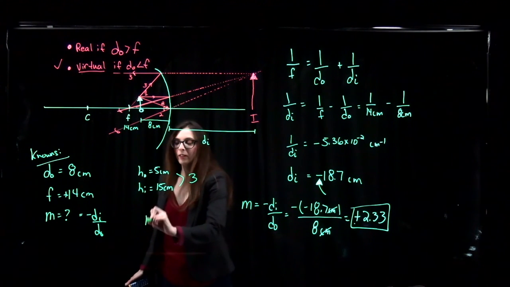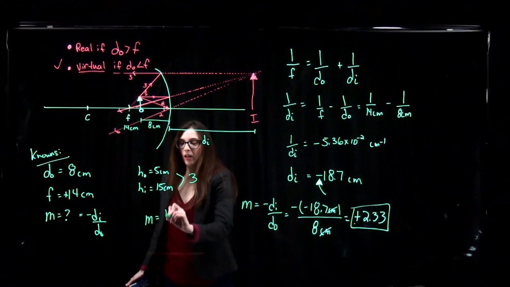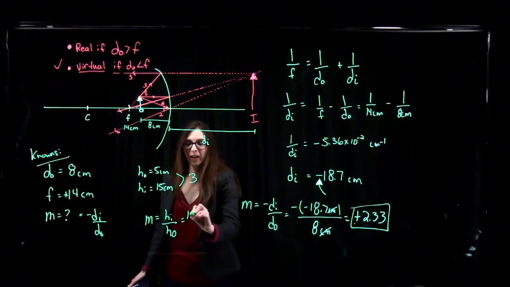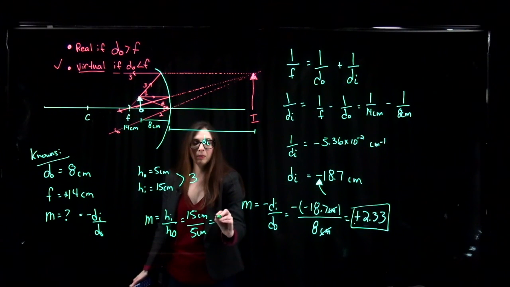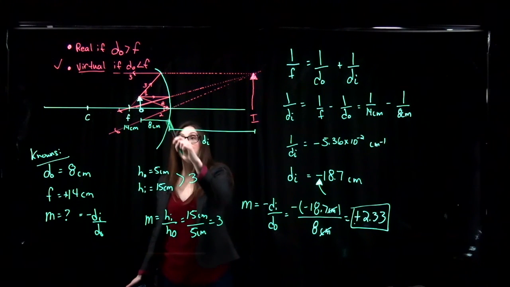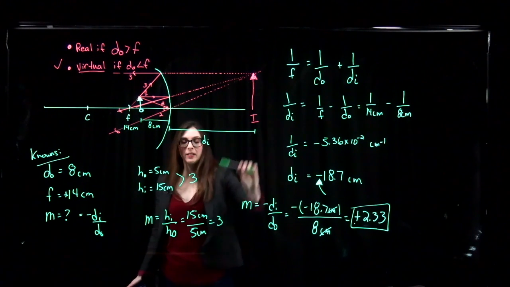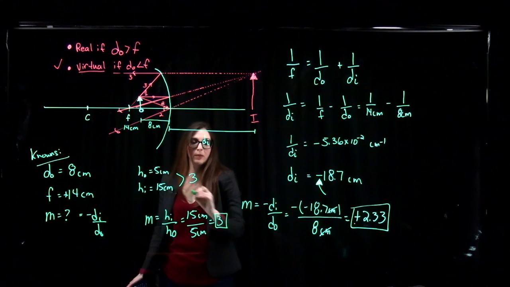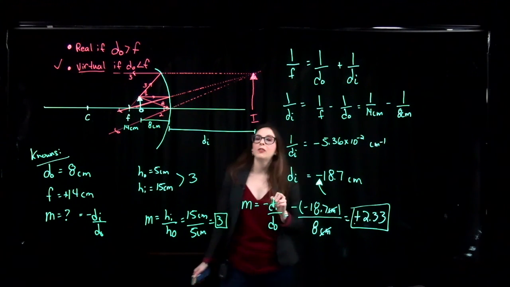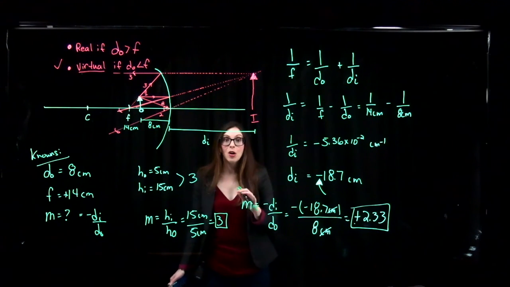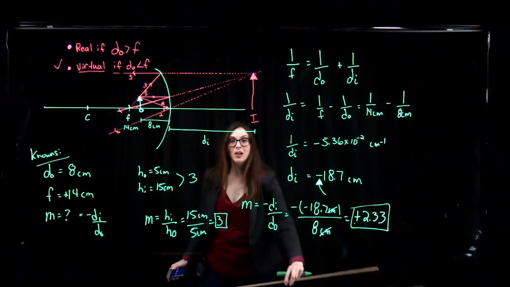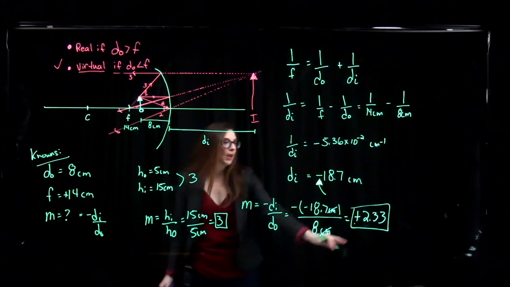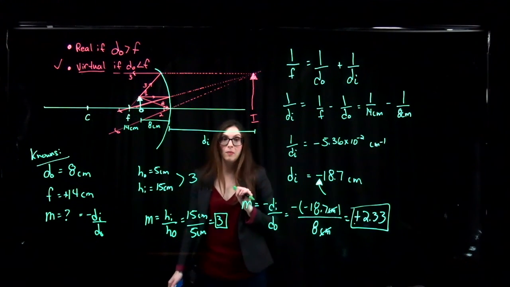So you could also find the magnification is equal to the height of the image over the height of the object. And that's here, 15 centimeters over 5 centimeters. So that's telling me that from my ray tracing here, my magnification should be about 3. But I wasn't perfectly precise here on the board, and I had to use this ruler and kind of do things vertically, but that's still pretty close to my 2 1/3 magnification.